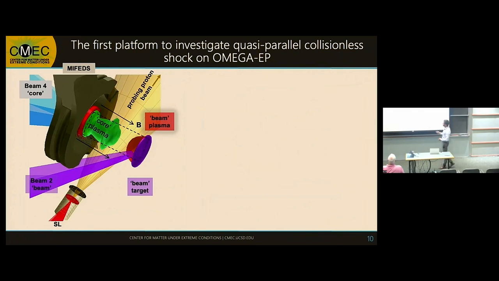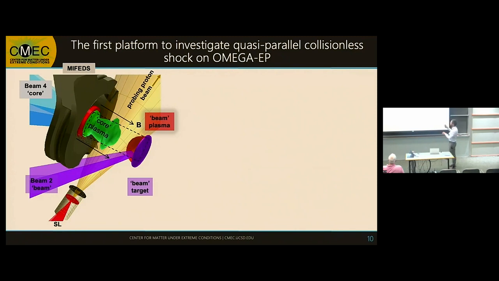Basically, we have two facing targets: one to generate the core plasma, our background plasma, and a second target, which we call the beam target, where we generate the beam plasma. We apply an external magnetic field using a system called MIFEDS, which is essentially a solenoid. And we probe the magnetic field that develops during this interaction using proton radiography.